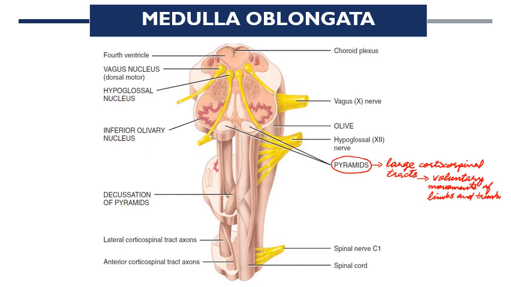Just superior to the junction of the medulla with the spinal cord, 80% of the fibers of the corticospinal tract cross to the opposite side.